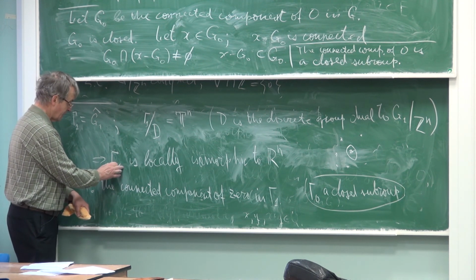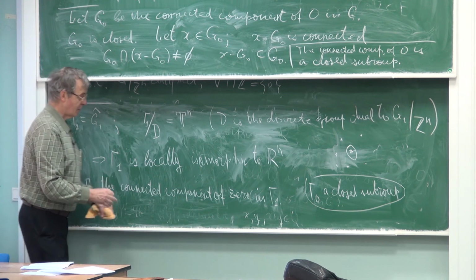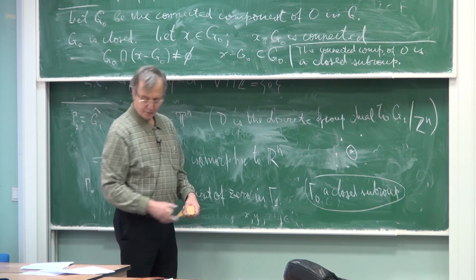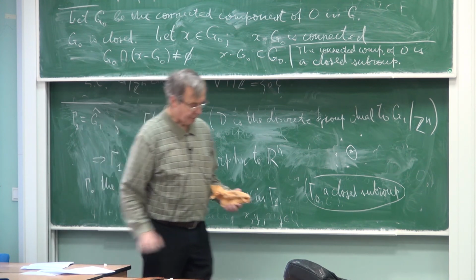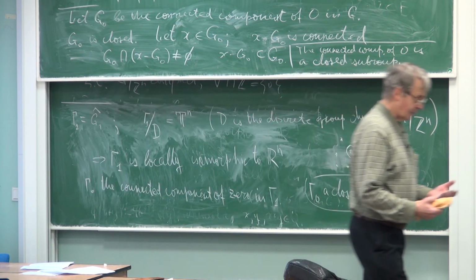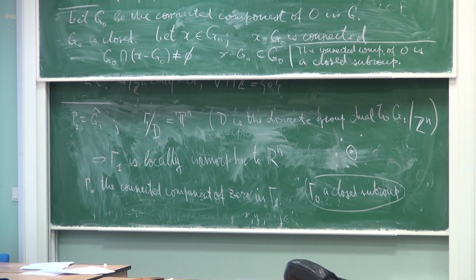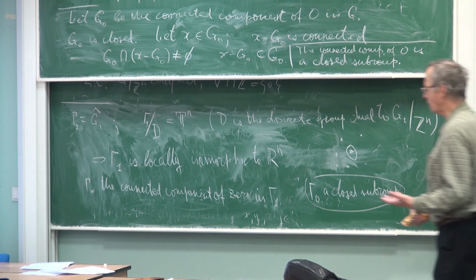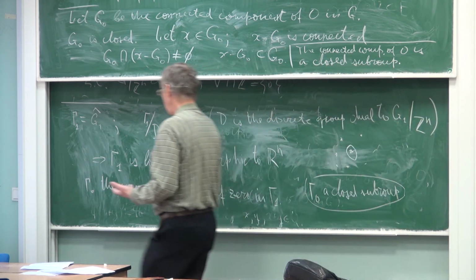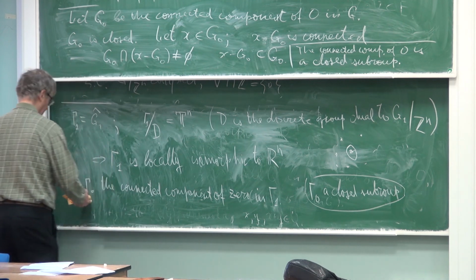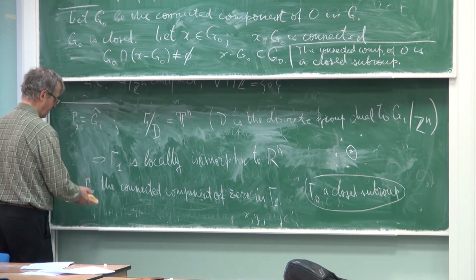And since it is connected, it must be included in gamma 0. So this group gamma 0 must contain some neighborhood of 0 in gamma 1, and since it contains a neighborhood of 0, it is open.